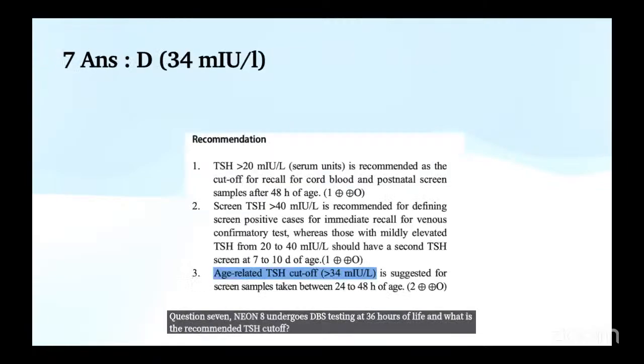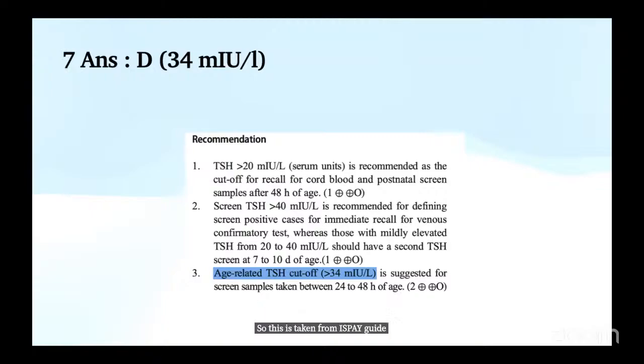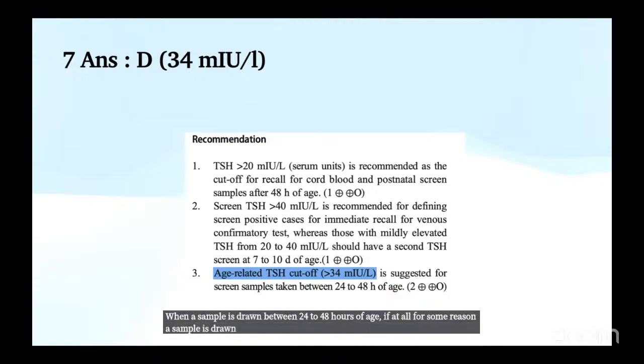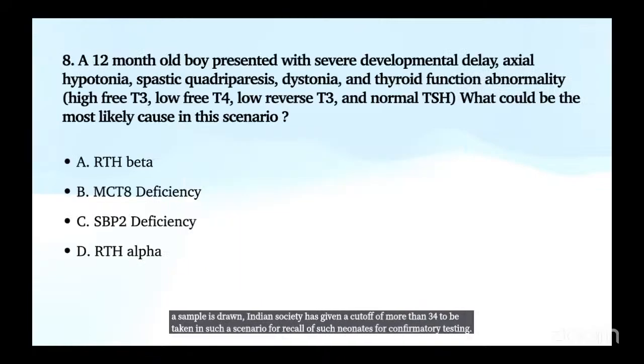This is taken from ISPE guidelines. The usual recommendation is we don't have a specific cutoff when a sample is drawn between 24 to 48 hours of age. If at all for some reason a sample is drawn, the Indian Society has given a cutoff of more than 34 to be taken in such a scenario for recall of such neonates for confirmatory testing.